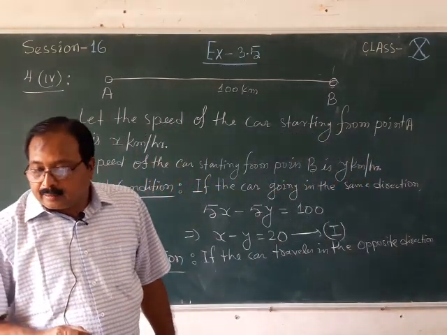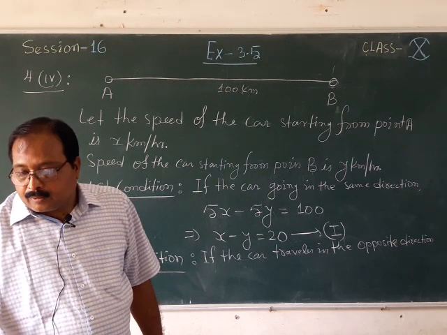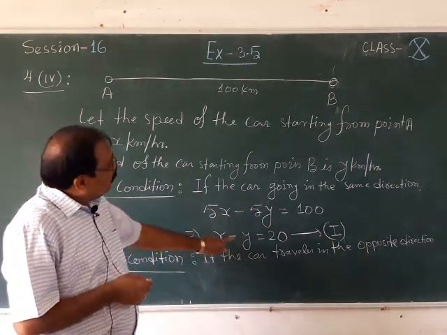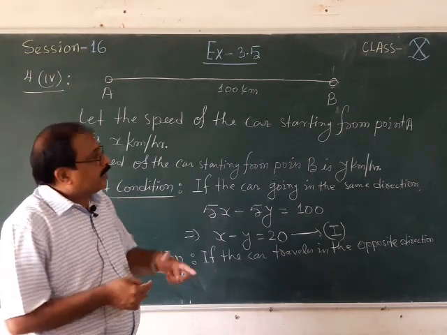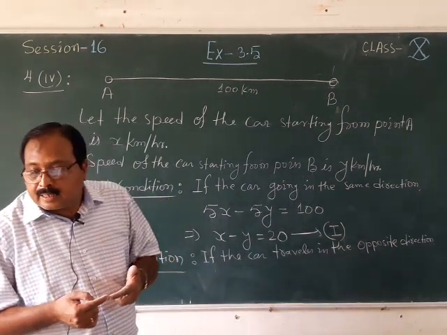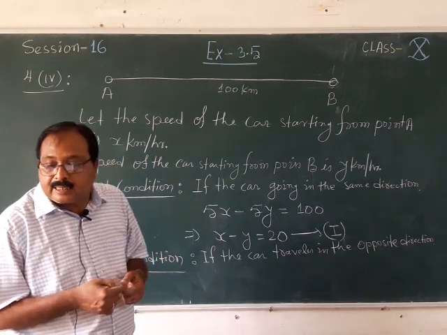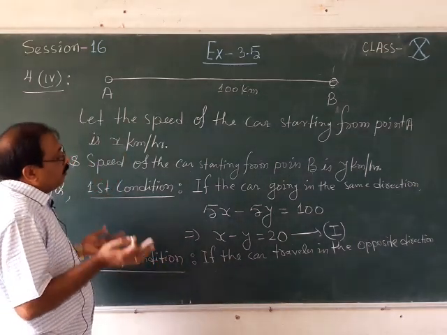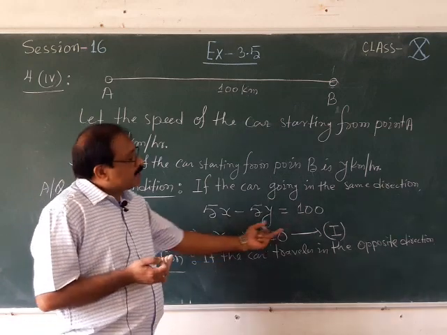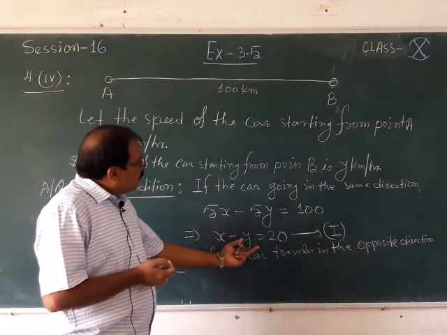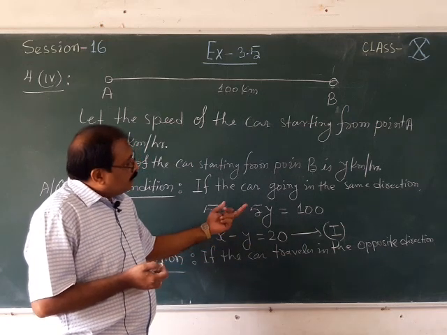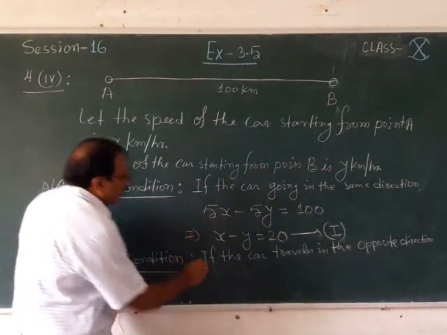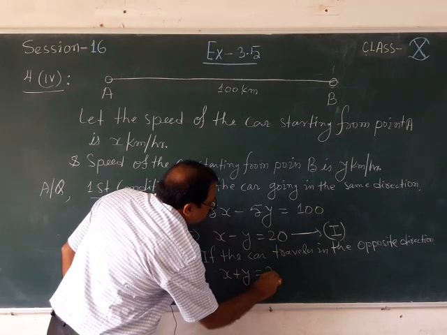After 5 hours they meet each other. Here you have seen that x minus y equals 20 is our first equation, obtained by taking the same direction, and here if I take the different direction, then we can write x plus y.